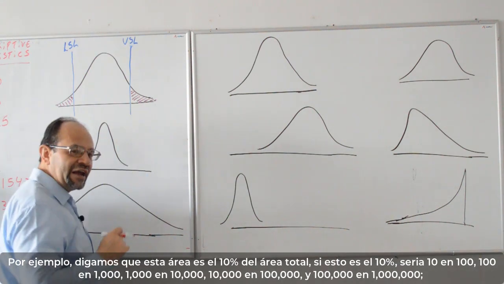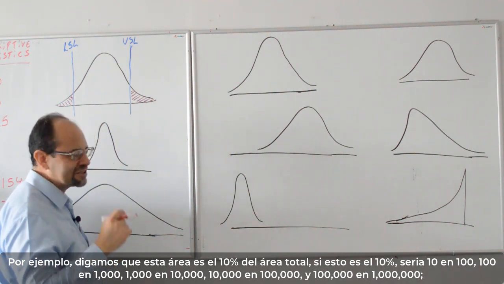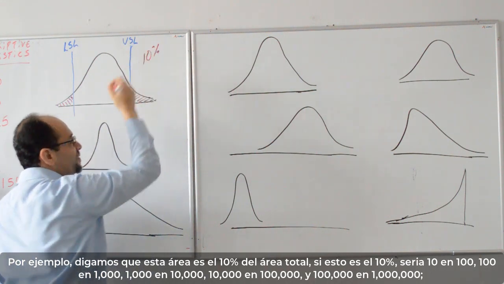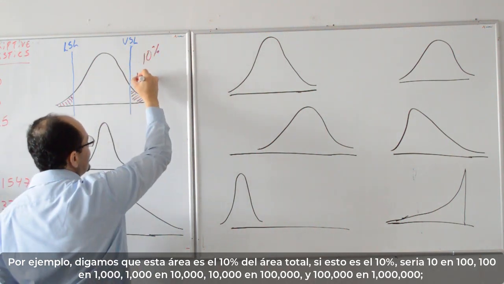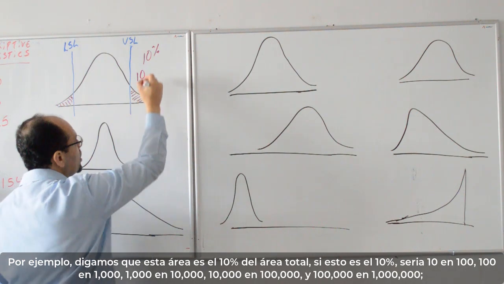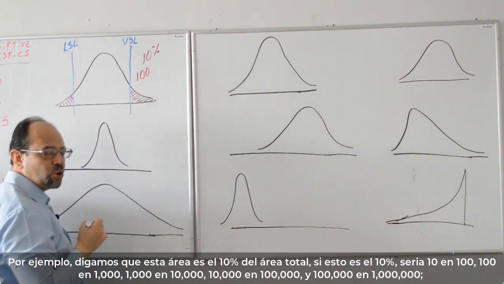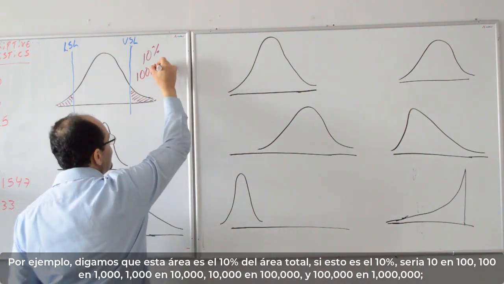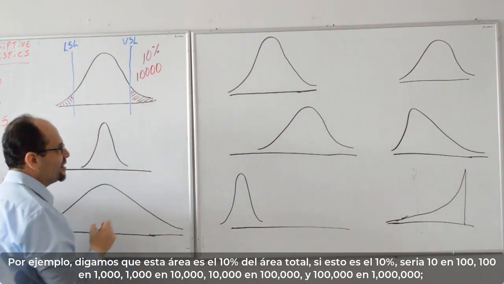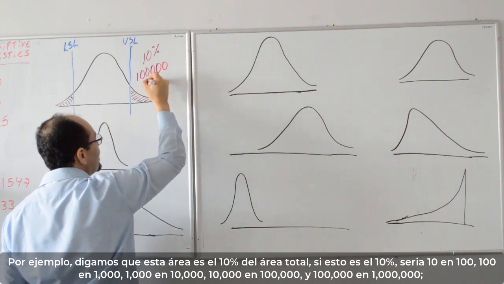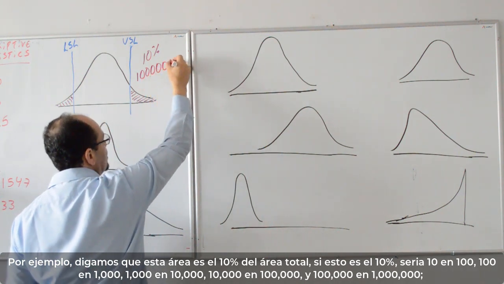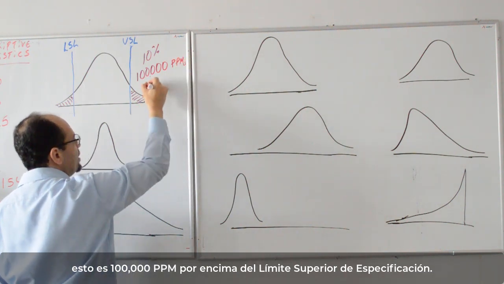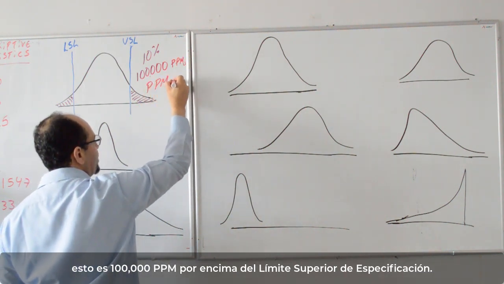For instance, just as an example, let me say that this area is 10% of the area. If that is 10%, that will be 10 in 100, 100 in 1,000, 1,000 in 10,000, 10,000 in 100,000, and 100,000 in a million. And those will be parts per million upper. So that will be the parts per million upper.